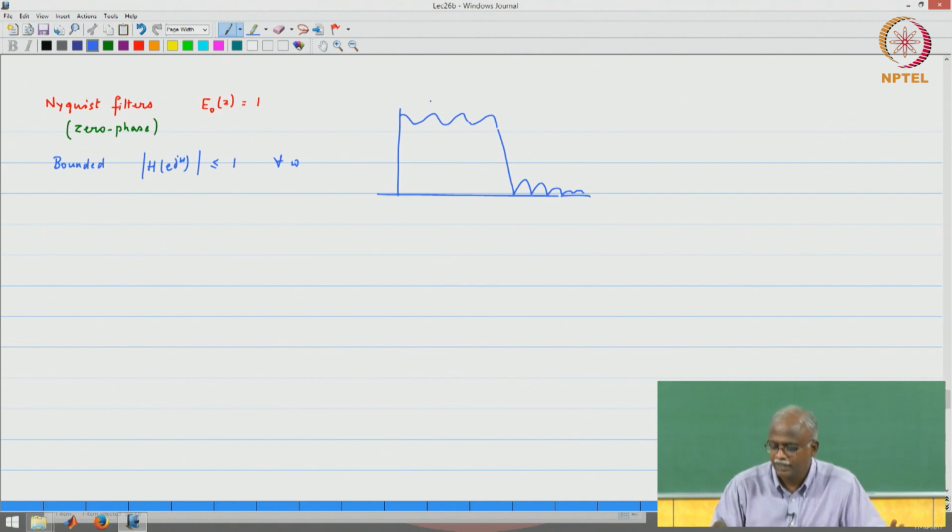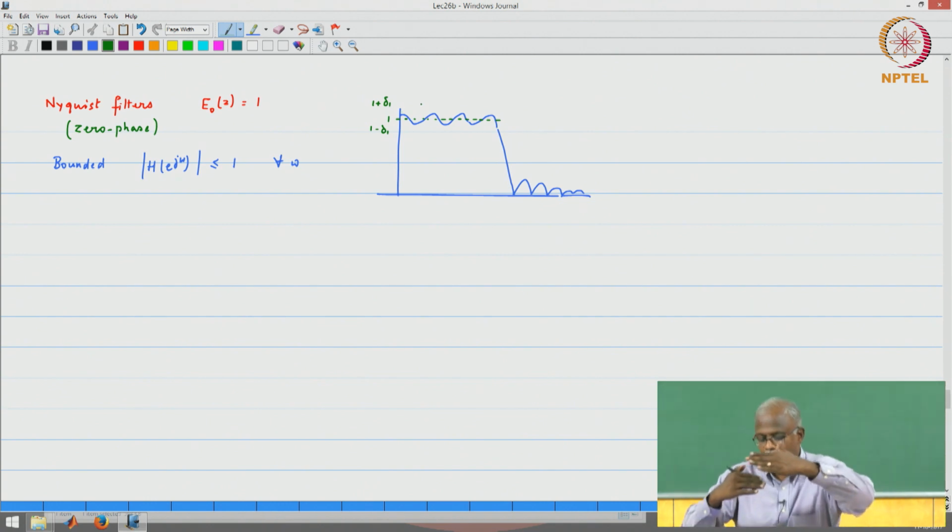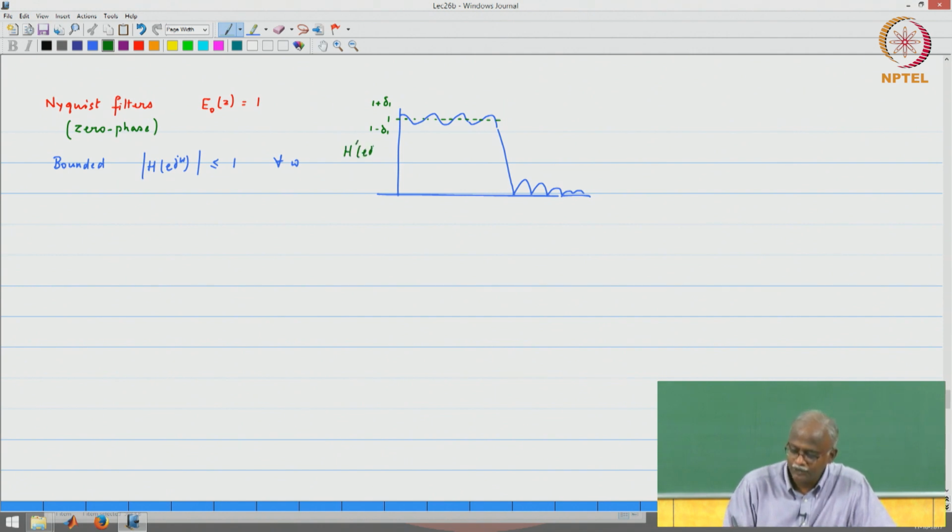I am just showing it with equiripple for illustrative purposes, okay. If this line is 1, then the upper line is 1 plus delta 1, the lower part that it reaches is 1 minus delta 1, okay. So it is basically bounded between 1 plus delta 1 and 1 minus delta 1. Now if this is H dash e of j omega, okay, magnitude.